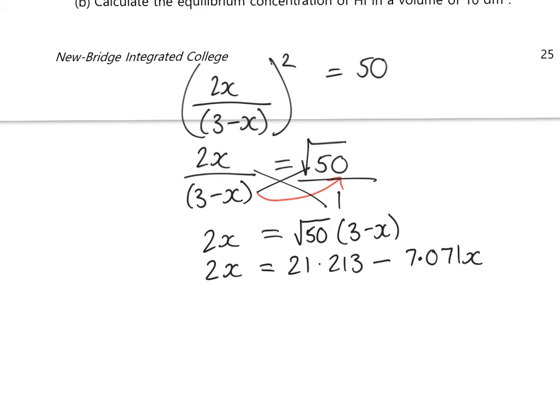Bring it over. Yeah, great, so I'm going to bring this over to the other side. It's minus on the right, so what's it going to be on the left? Plus. It's going to be 2x plus 7.071x equals 21.213.